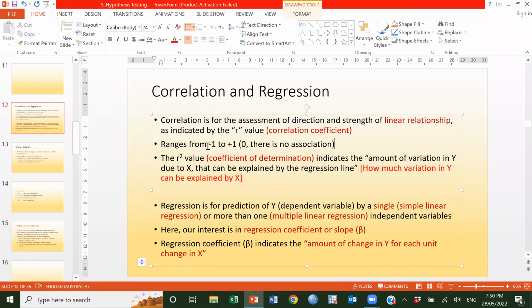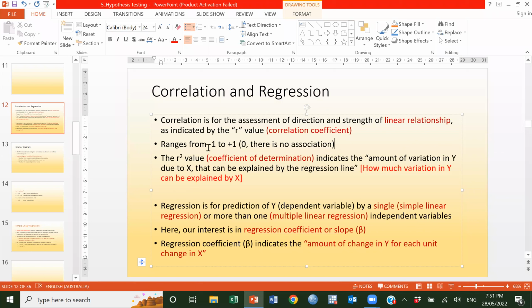So R value ranges from -1 to +1. If the R value is close to -1 or +1, it indicates that there is a perfect linear relationship between the two quantitative variables. If the R value is near 0, it indicates that there is no association between the two quantitative variables.